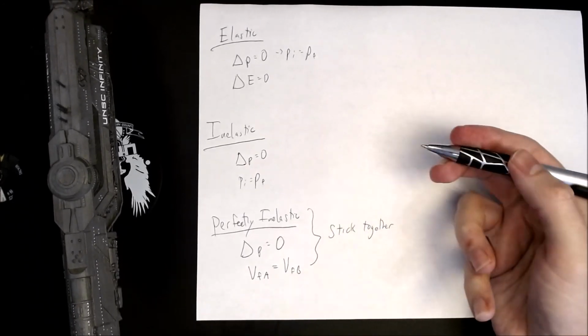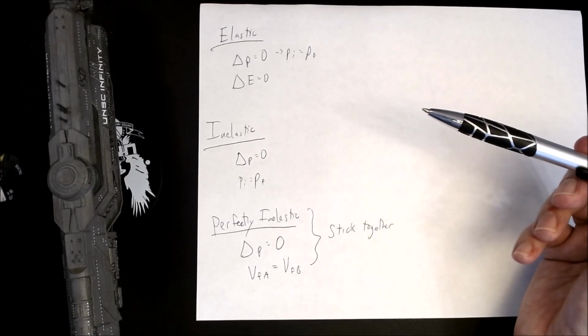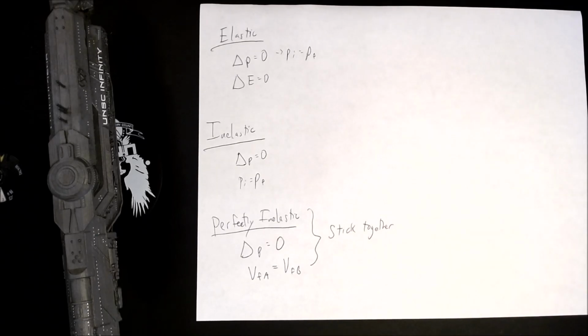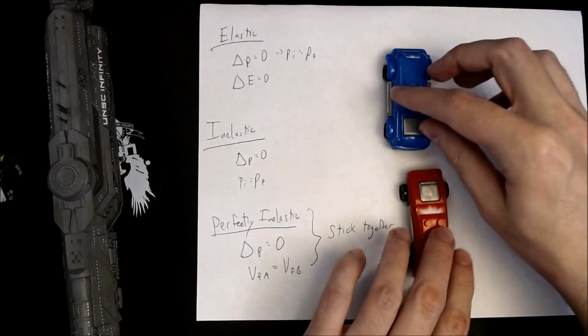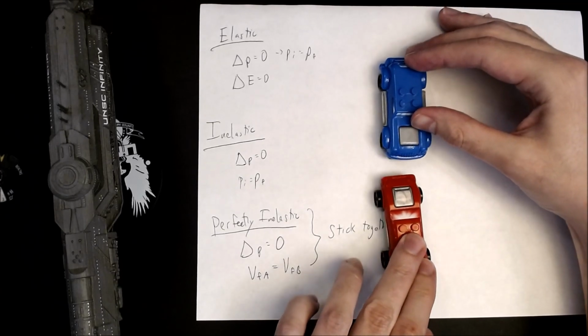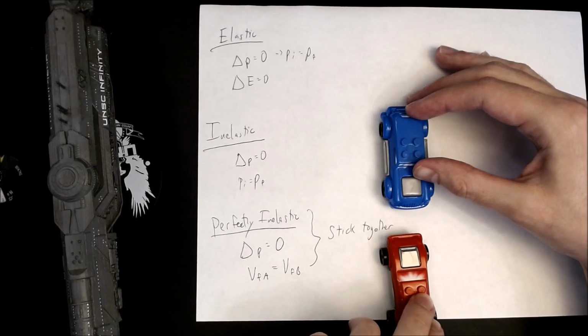If we're not told that they stick together, well then how do we determine if it's elastic or inelastic? We have to think, did we conserve energy or not? In that example, the two people running into each other playing rugby, well, they're coming in at some speed and they bounced and were going substantially slower afterwards.